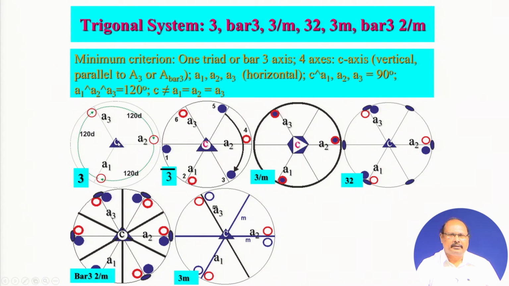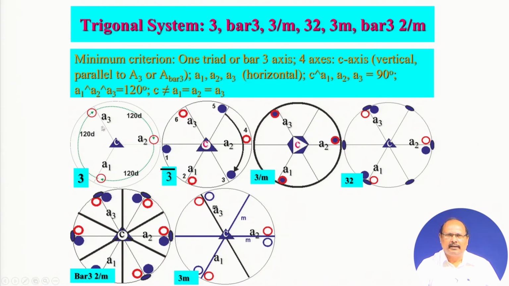Since you have a triad, the repeat angle is 120 degrees. So, a 120-degree rotation will make A1 coincide with another direction. Let us consider this direction is the A2 direction, and another 120-degree rotation will produce another direction here, we call it the A3 direction, and another 120-degree rotation will make A3 coincide with A1.